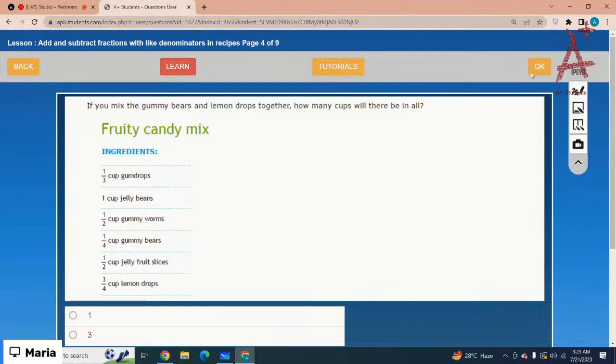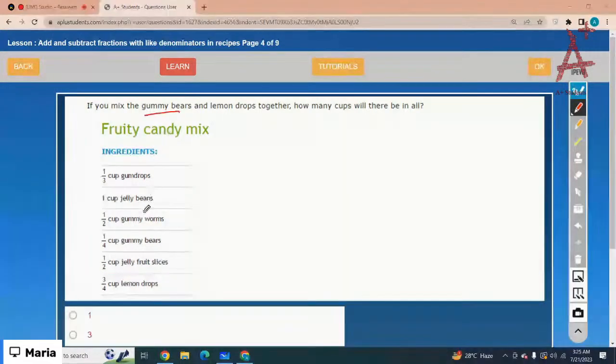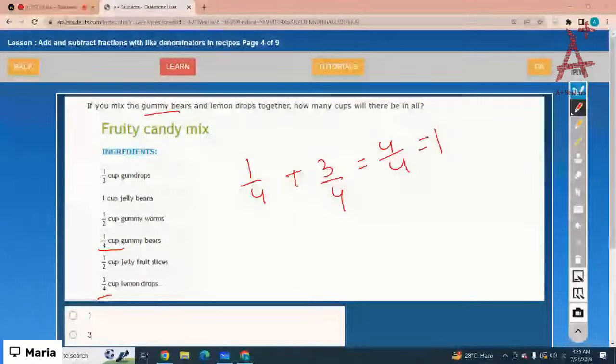Okay, the next one is, if you mix the gummy bears and lemon drops together, how many cups will there be in all? You have to add gummy bears. Here is gummy bears, 1 by 4th cup, and lemon drops is 3 over 4. So just add the numerators because they have like denominators. 3 plus 1 is 4, and 4 over 4 makes 1. So the correct option is 1.